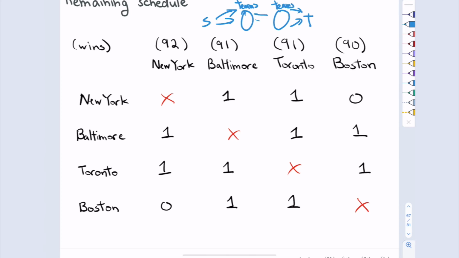Yeah. Okay, so in this model, each pass should consist of probably a win going from one team to another. So if I'm looking at New York versus Baltimore, who is giving who the win?